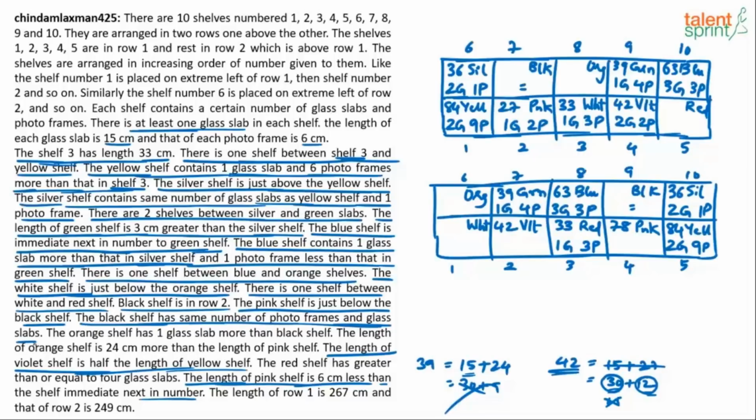Anything else given with regards to pink? Okay, so now I'm doing the reverse engineering. Look at this point. The length of orange is 24 more than the length of pink. So if this is 27 here, orange will be 27 plus 24, 51.